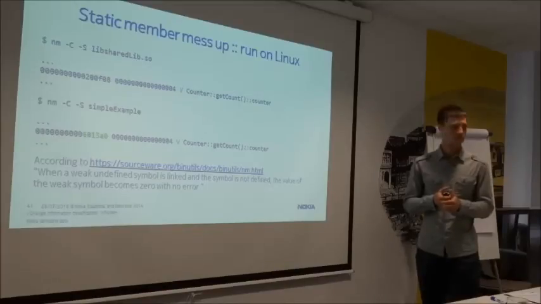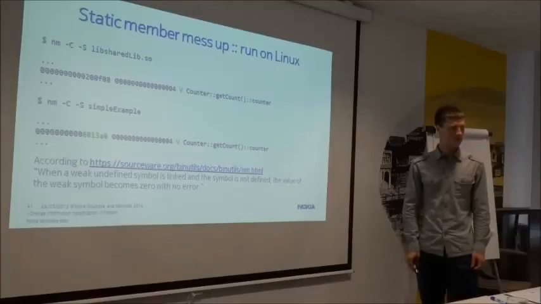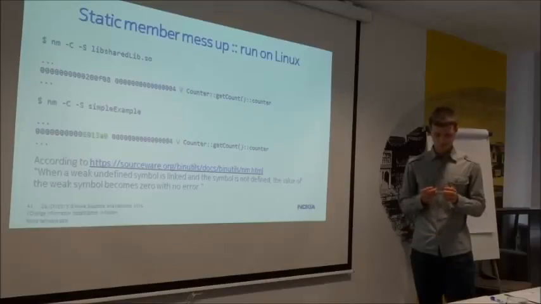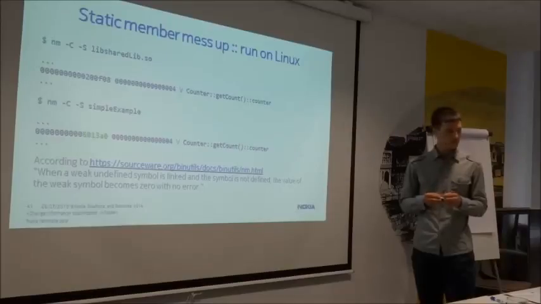Yes, but you have two symbols. You have one symbol in the executable and the other symbol in the shared library. So the output from nm on the simple example only shows you the symbol which is defined in the simple example. Can you show the source code?